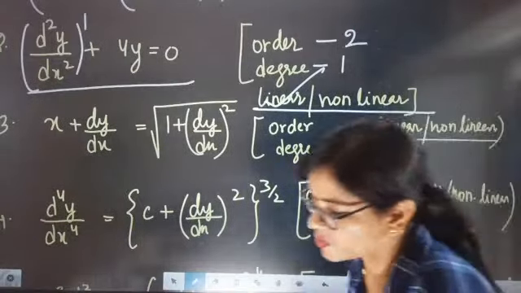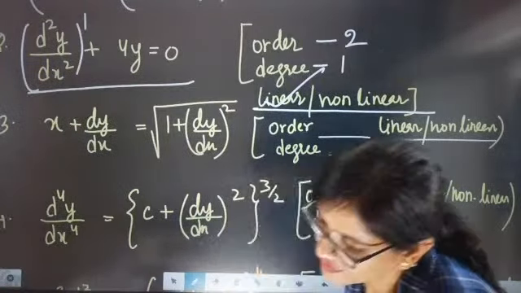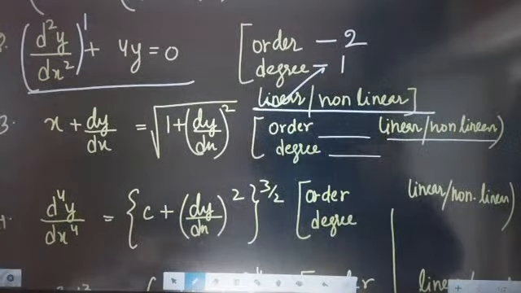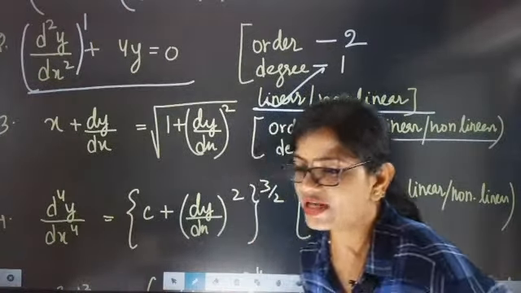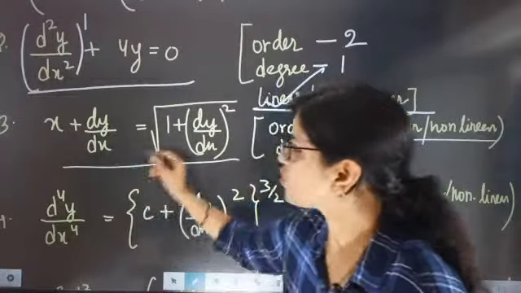What can be the order, what can be the degree? Very good, Sarvana. Order 1, degree 2, and non-linear. Very good, super.